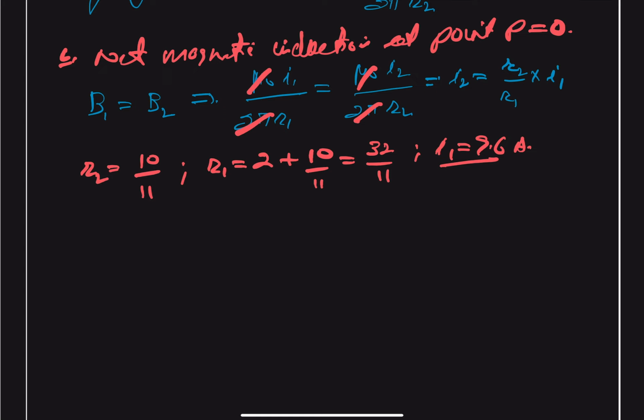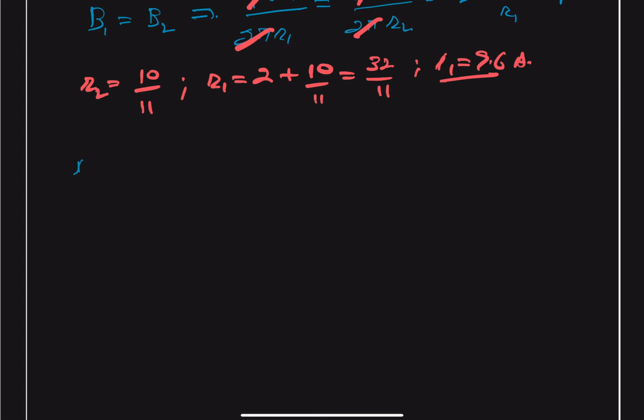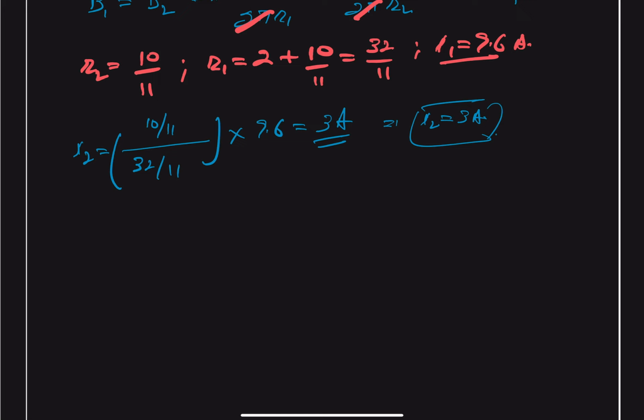So substituting these values, we get I2 is equal to 10 upon 11 divided by 32 upon 11 multiplied by 9.6, and this gives us 3 amperes. So I2 is 3 ampere, and direction is upward perpendicular.